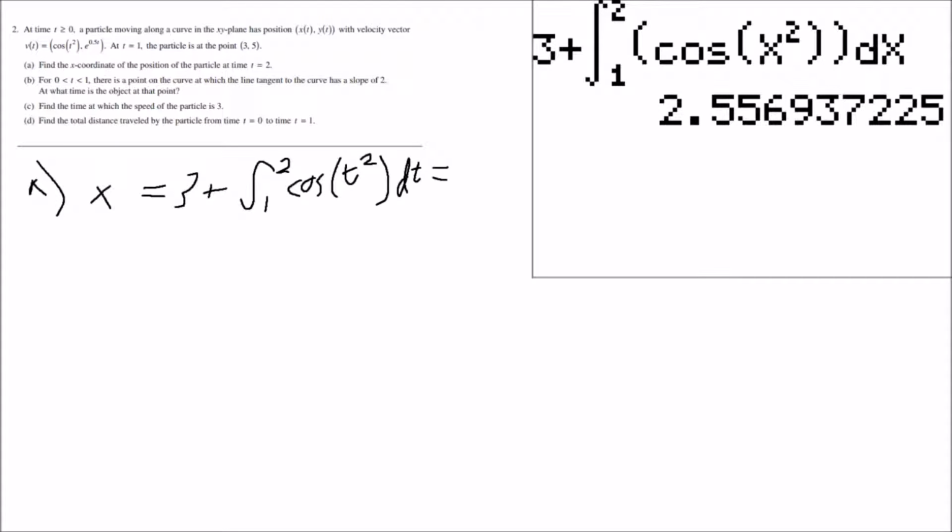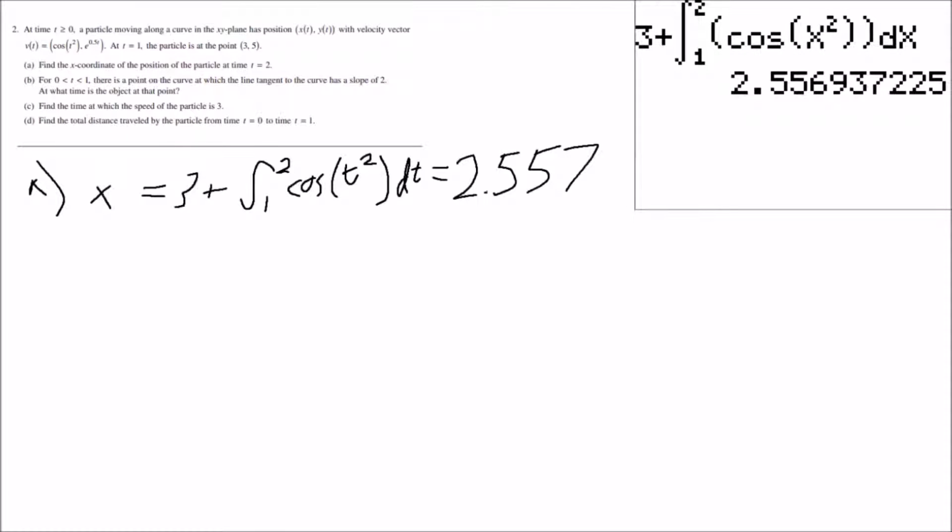There. So it's going to be your 2.556 and so on. Now, since this is the calculator portion and we've used our calculator to answer that question, let's make the answer 2.557, rounding to the nearest third decimal point. Let's make that slightly smaller. Right. And so you have there your answer for part A.